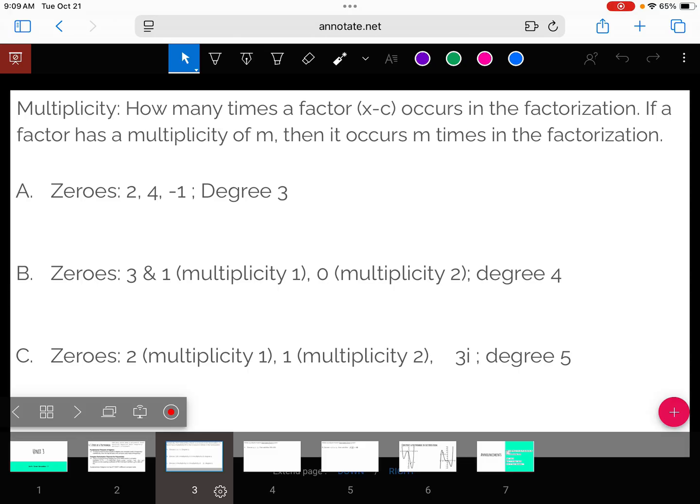So we're going to be given problems like these down here, where we have zeros that we're given. So for A, we're given zeros of 2, 4, and negative 1. And we know this polynomial is going to have a degree of 3.